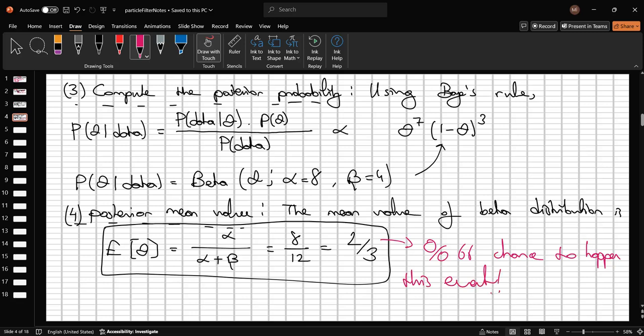For this distribution, we can say that this is the mean value of our chance of taking the head.